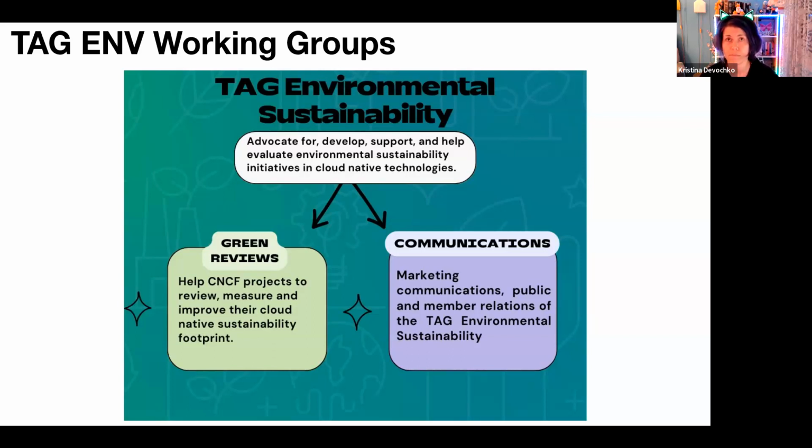Currently, we have Falco as the first CNCF project that we are working tightly with, but I will briefly mention that in the next slide. So this is a great opportunity if you are interested to work a bit closer to the code. And another working group that we have is the communications working group, or comms.